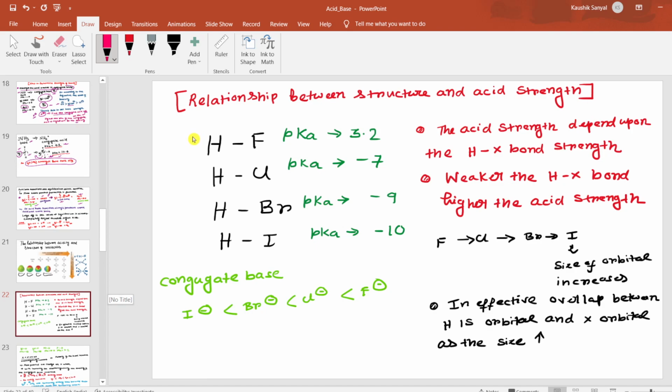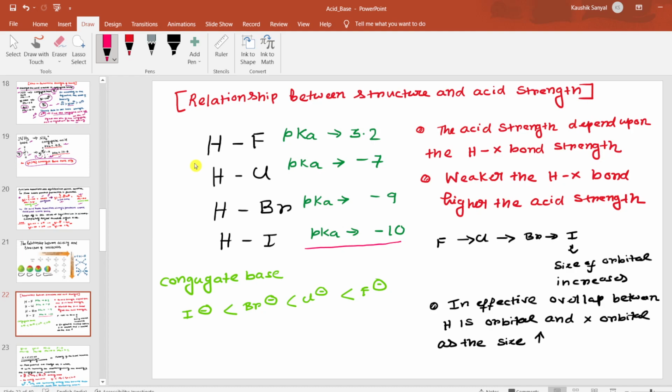As you can see, we have the pKa values of some acids, from hydrofluoric acid to hydrogen iodide. As we go from HF to HI, the pKa value drastically reduces. In my previous lecture I discussed that the lower the pKa value, the higher the acidity.